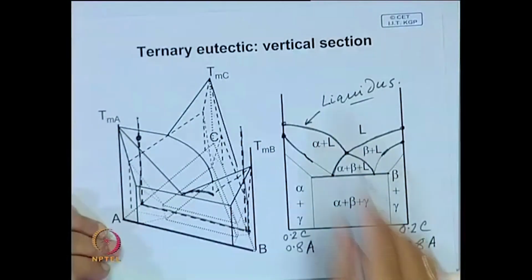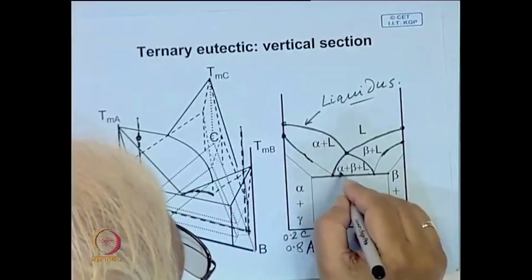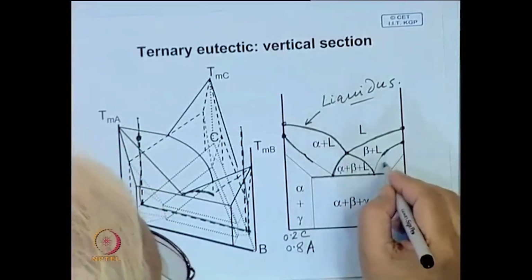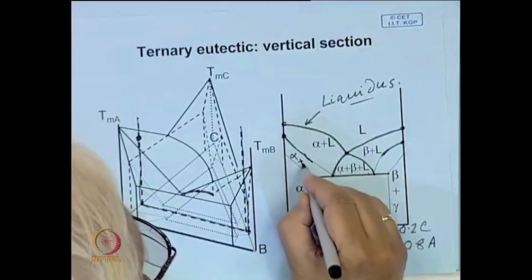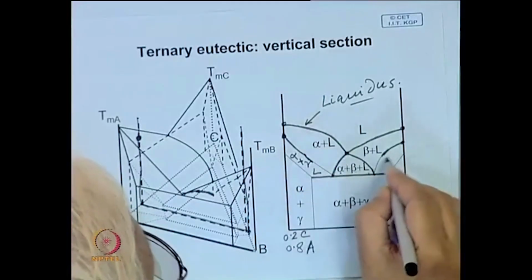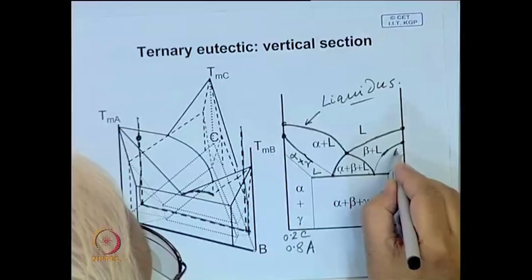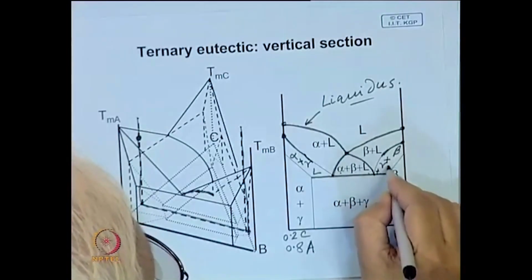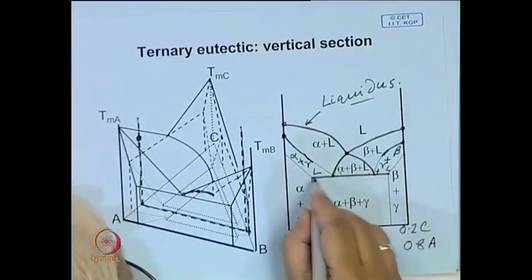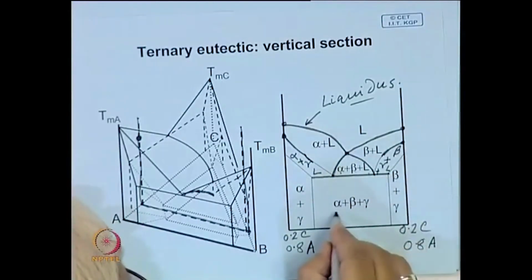Which is what is drawn here: alpha plus beta plus liquid, this is that, and this side will be alpha plus gamma plus liquid, this side will be beta plus gamma plus liquid, and this is the eutectic reaction isotherm.